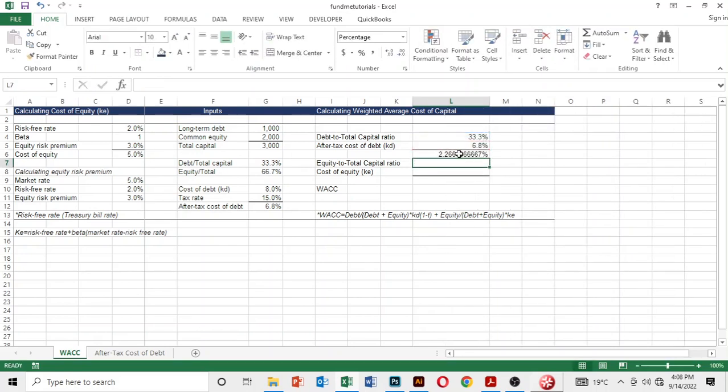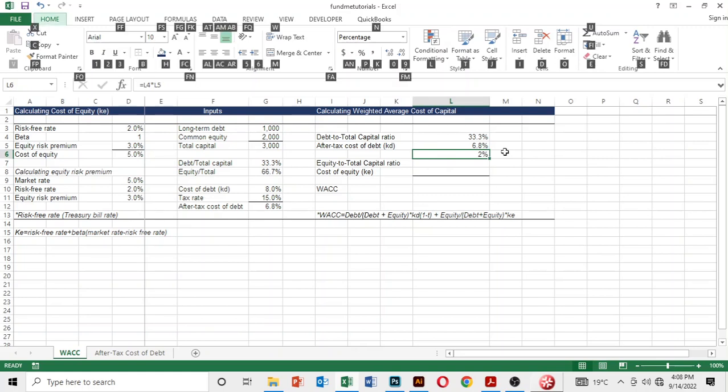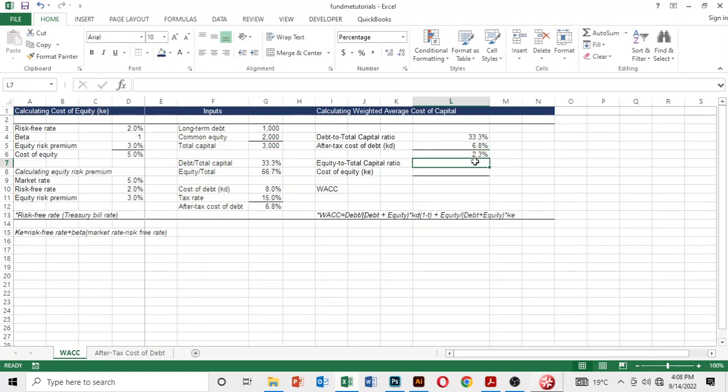So here is a percentage, right? Let's just add a decimal place, so Alt H0 there, which translates to 2.3%.